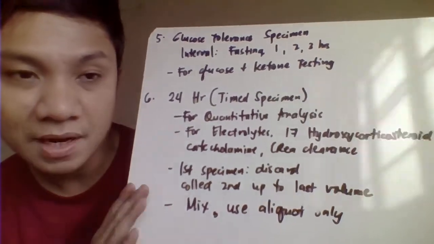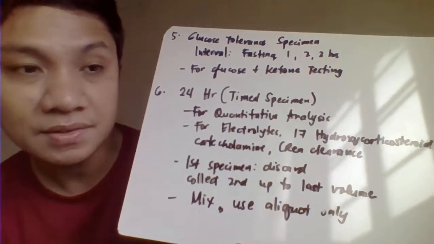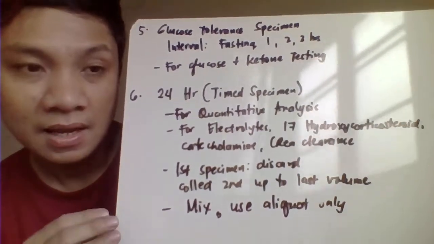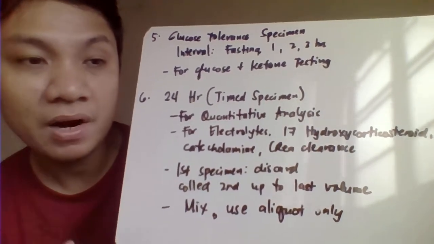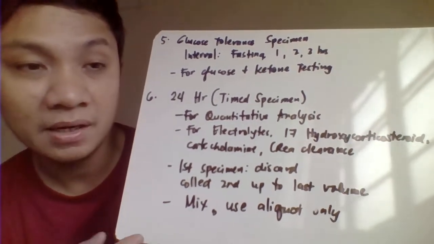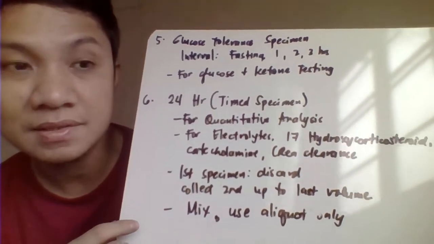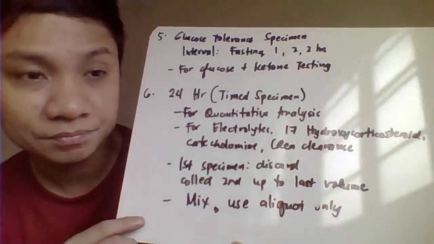So as what we have discussed before, when you're collecting the specimen for 24 hours, the first voided urine is discarded and you collect the second urine up to the 24-hour time from when you started your collection, or the first time the patient voided the urine.